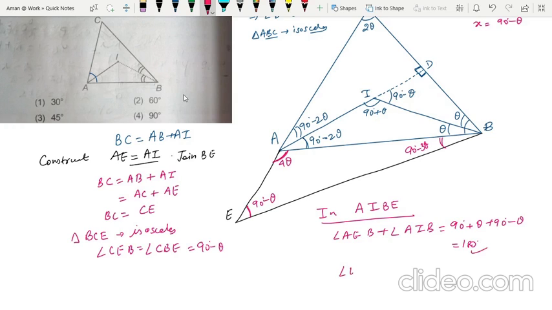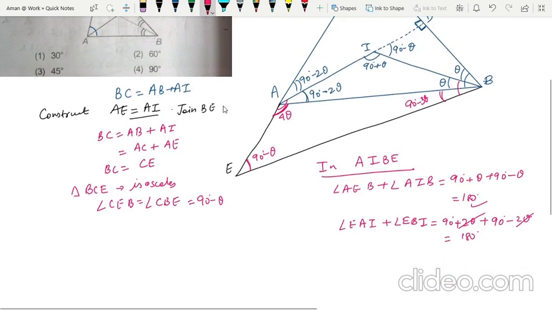Likewise, angle EAI plus angle EBI is 90 degrees minus 2 theta plus 4 theta, since we take this whole angle, plus 90 minus theta plus theta. So it is plus 2 theta and minus 2 theta, which cancel, and it becomes 180.